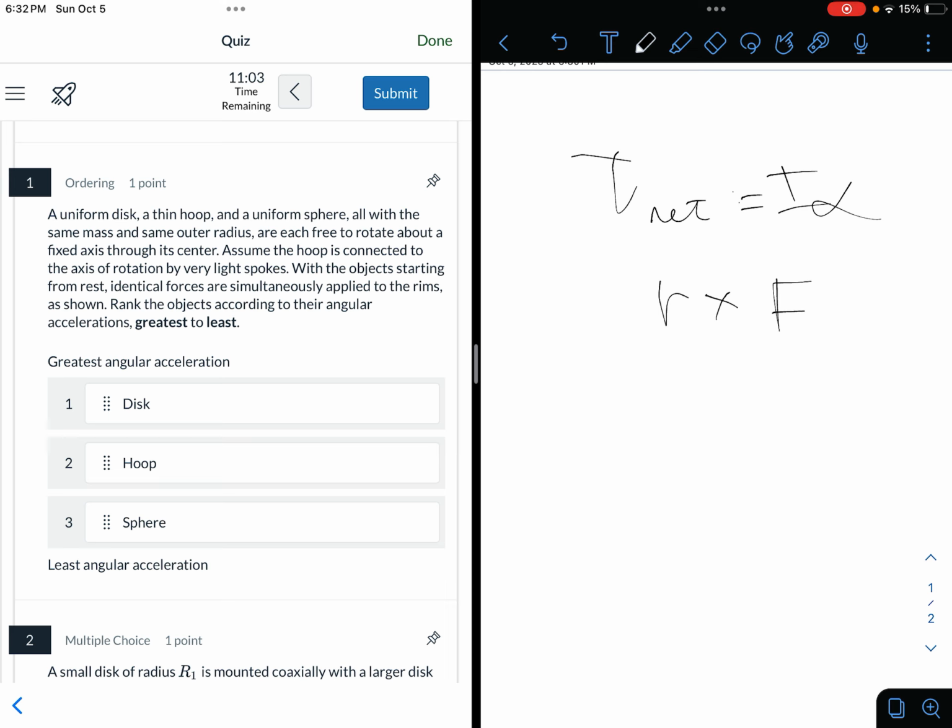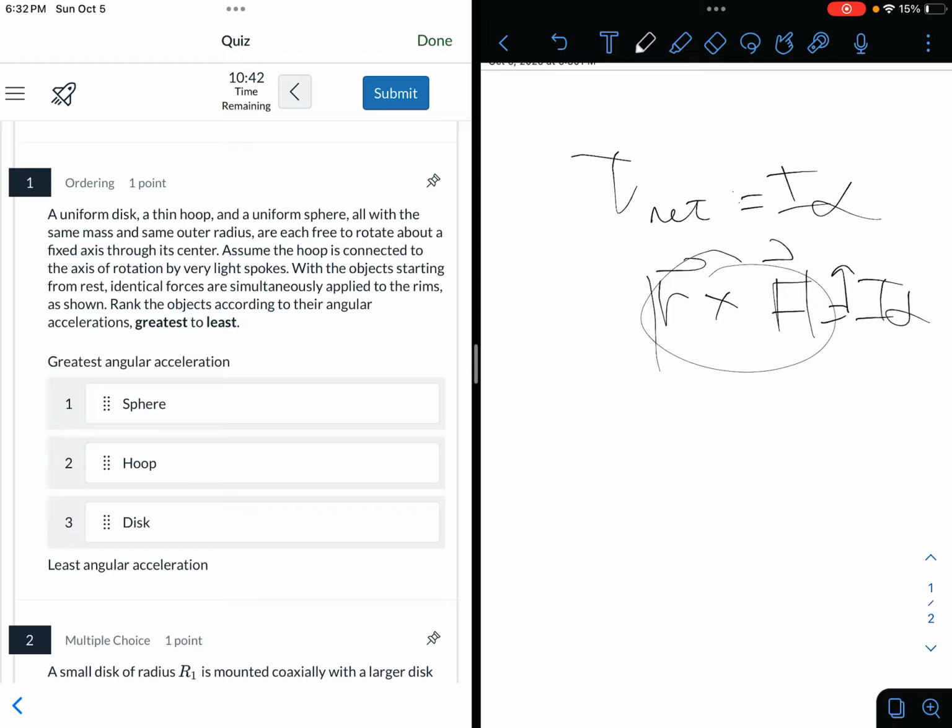So R cross F equals I alpha, or at least the magnitude of R cross F equals I alpha. And so if they each have the same torque, I know the greatest rotational inertias will result in the smallest angular accelerations. So I know the disc will have the least, and then the hoop, and then the sphere.